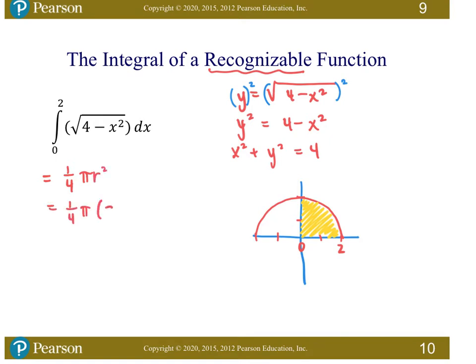Since the radius is 2, then the answer to this value is pi. The answer to this integral is the exact value of pi, only because I knew the geometry of this. We're still thinking like the Greeks. They could do the geometry because it was a recognizable curve.